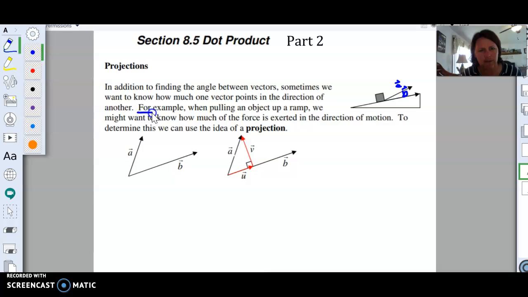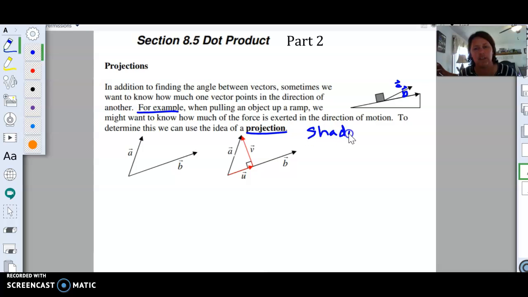So right here it says, for example, when pulling an object up a ramp, we might want to know how much force is exerted in the direction of motion. To determine this, we can use the idea of projection. Anytime we look at a projection, I want you to think of a shadow.